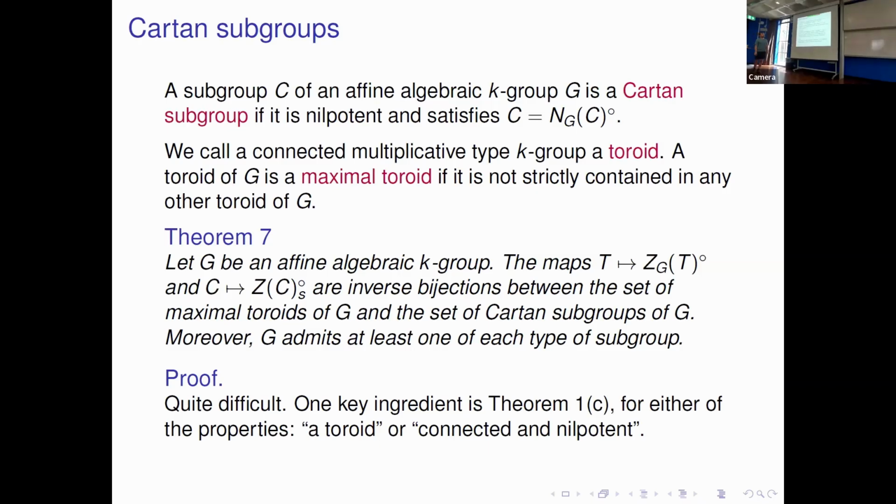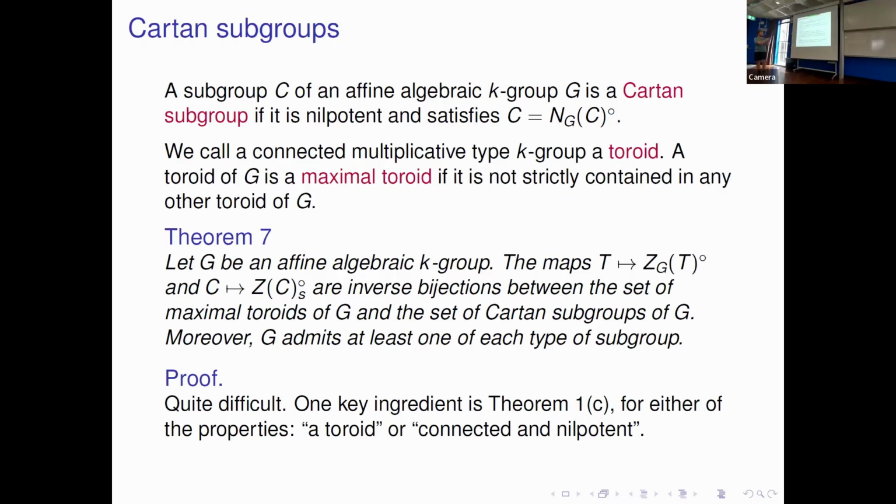So, Cartan subgroups. Cartan subgroups and maximal tori are quite well studied for smooth algebraic groups. Maximal tori are incredibly well behaved. There's pretty much only one conjugacy class, as long as your base change is to the separable closure.